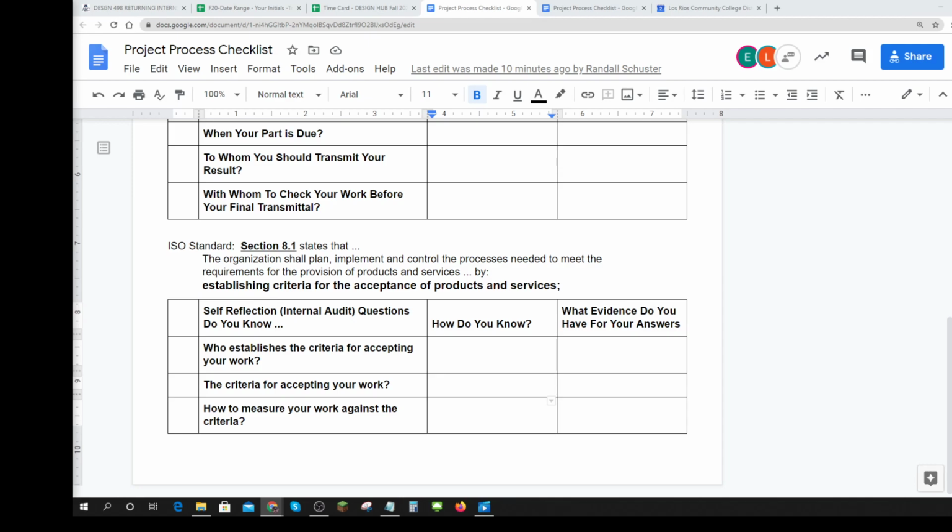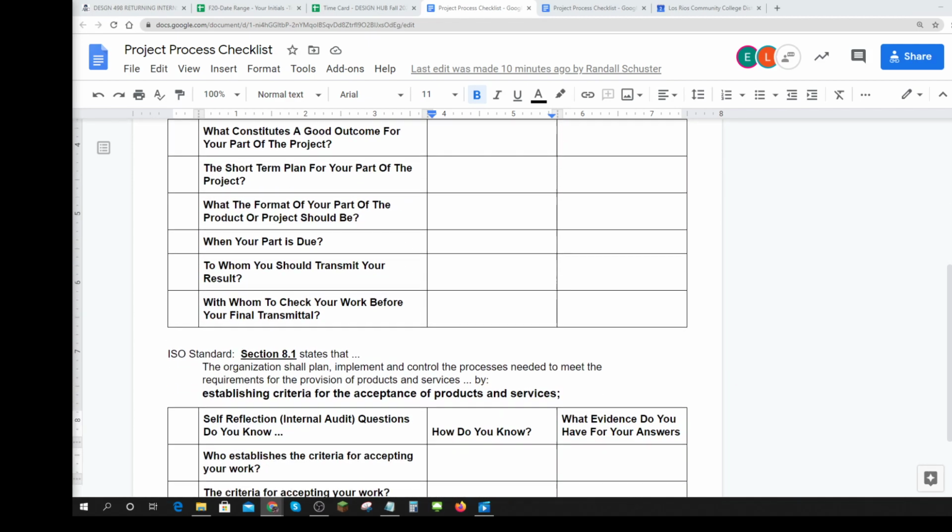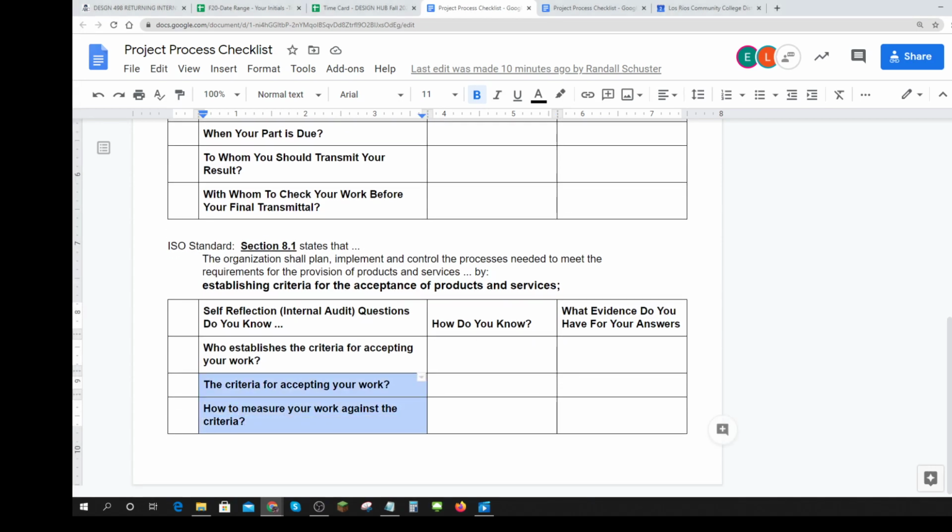So these are all kind of things that we can look at and see and do. So that's sort of a discussion about that. But if you can ask these questions of yourself and you can answer them, then you sort of know what's going on. And if you can have evidence, it helps us understand whether our process is controlled or not.